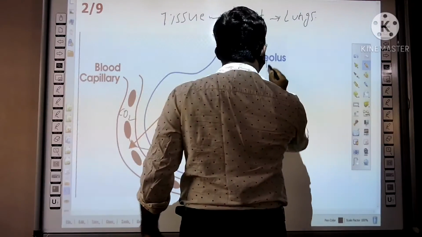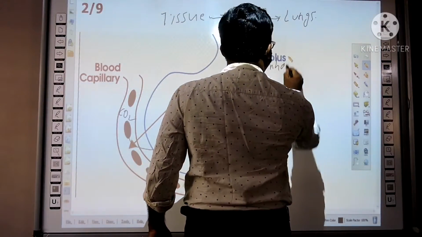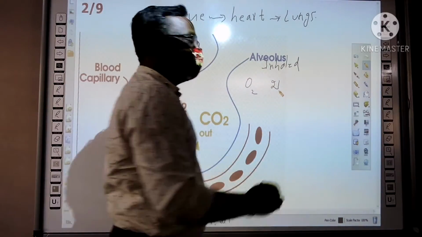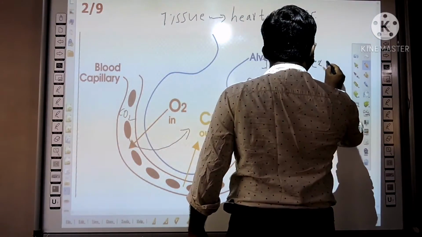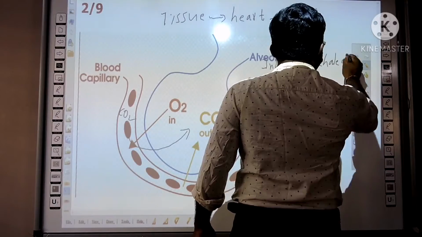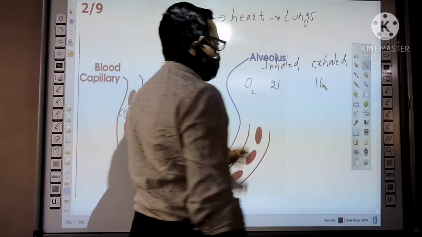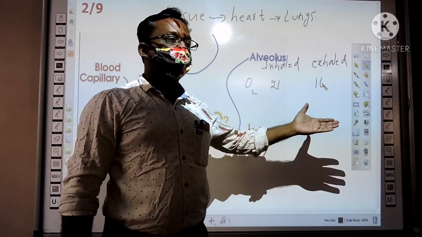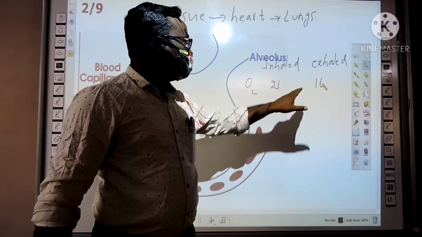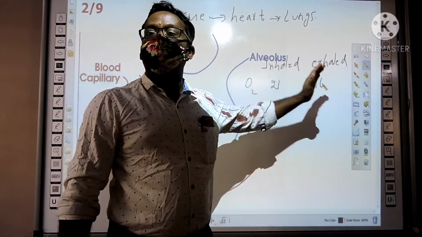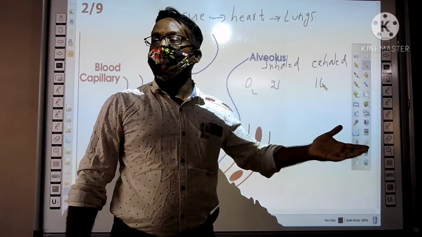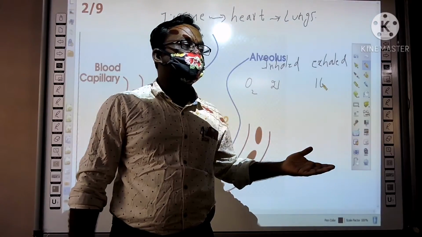So the inhaled air consists of 21% oxygen. When you see the exhaled air, 16%. So what happened here? Is it reduced or not? In exhaled air, the oxygen level decreased by 5%. What is the reason? What happened to that 5%? Can you guess?